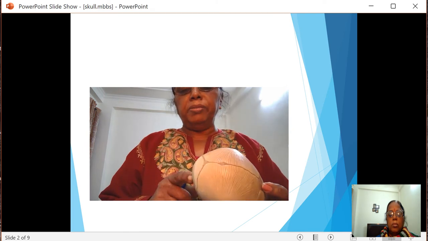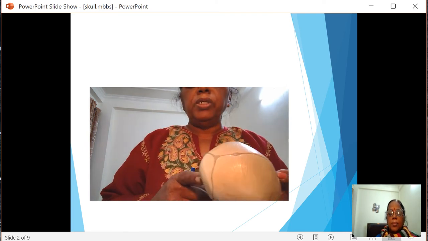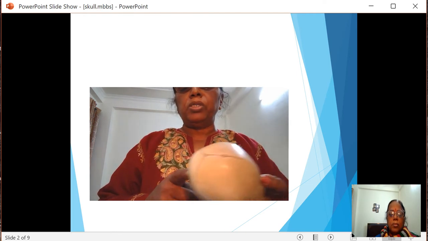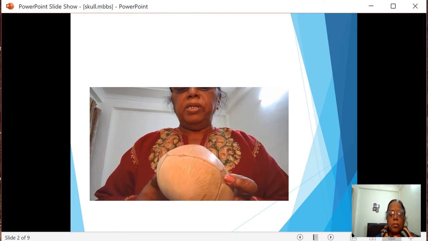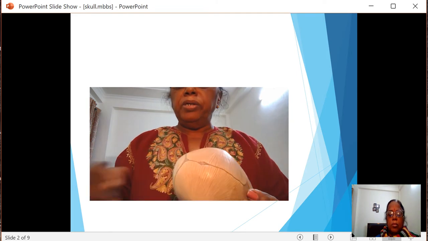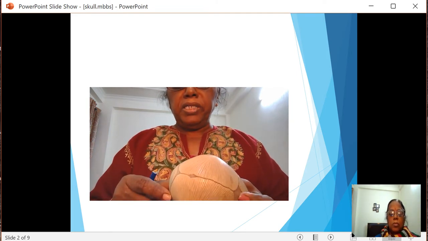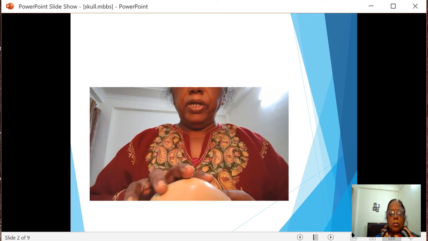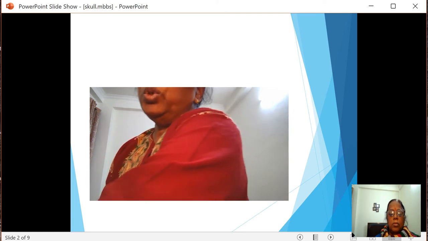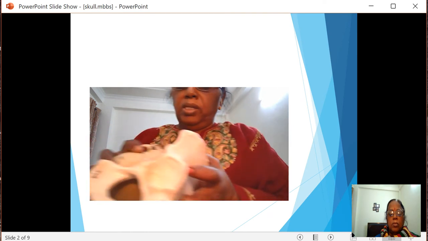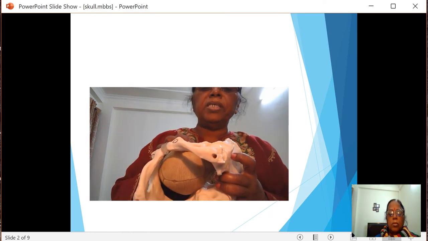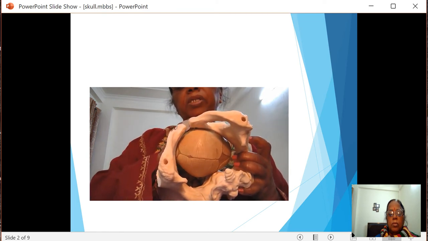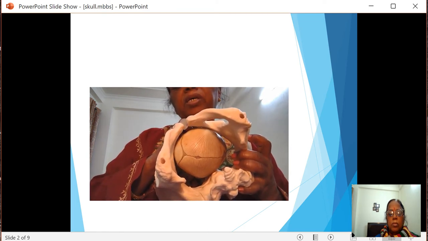So this diameter, from below the occiput to the center of the bregma, is called the suboccipitobregmatic diameter, and this is 9.5 centimeters, and when this diameter is the presenting diameter, the head is fully flexed. That is to show you the head is fully flexed, and this is how you find it on a pelvic examination.